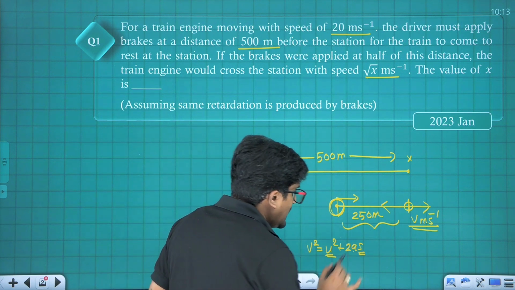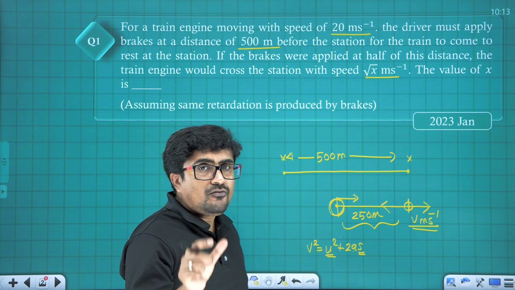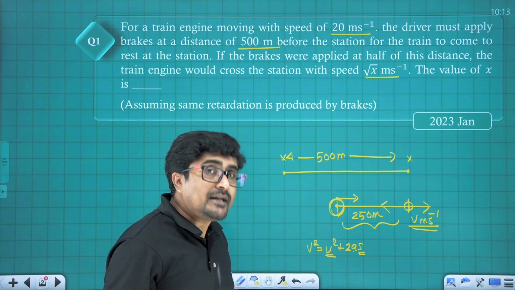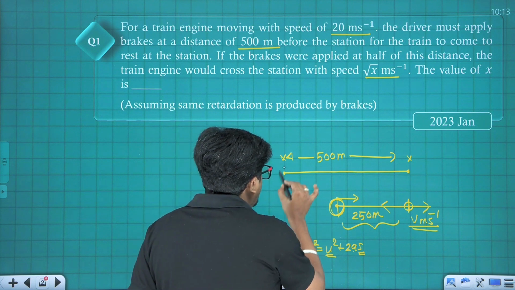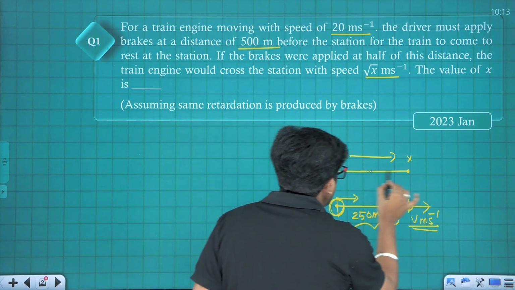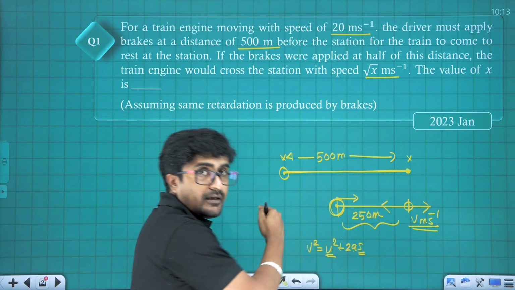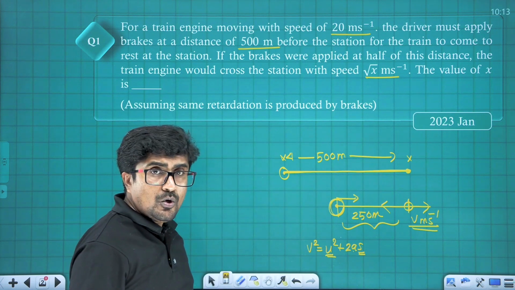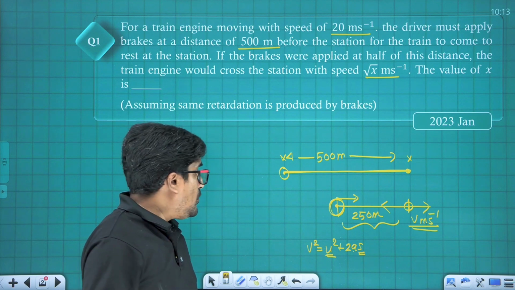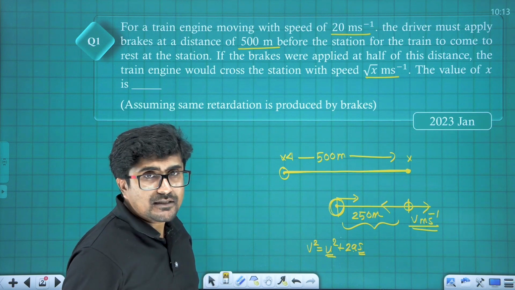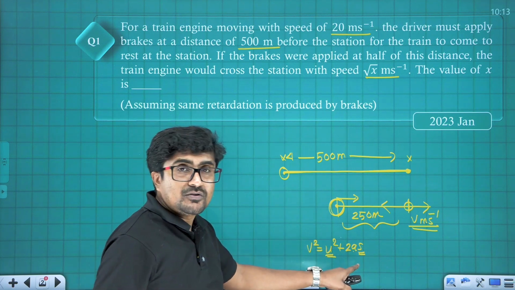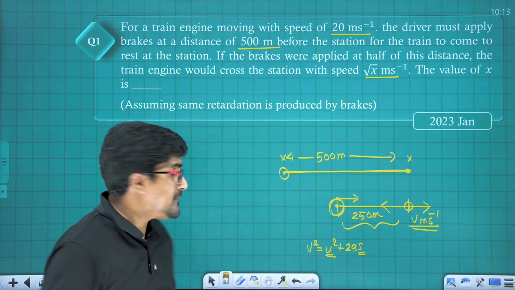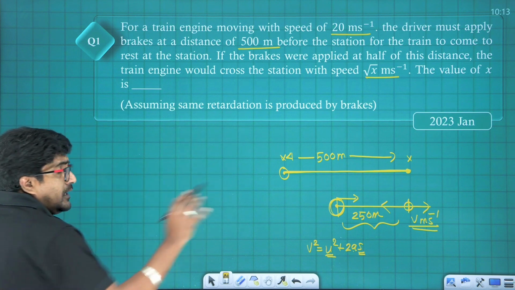So the only unknown value is the negative acceleration, or retardation. How to get that value? It's already mentioned that if the driver applied the brake at a distance of 500 meter away, then the final speed at the station is going to be 0. From that information, we can easily calculate the acceleration, and then substitute it over here. That is how we are going to proceed to the answer. I believe the key concept is clear.